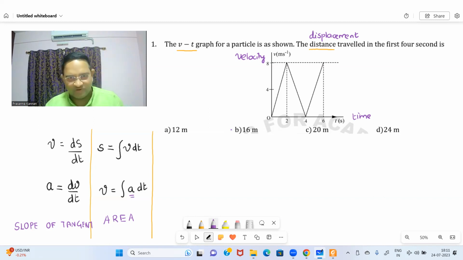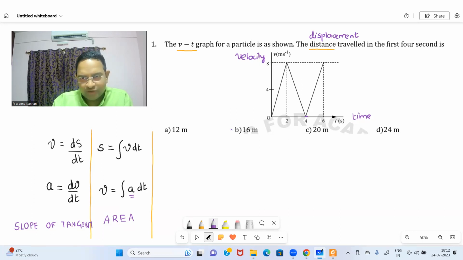The velocity is in the opposite direction. In that case, distance and displacement will be different from each other because the body has changed direction. Here it's very clear that the body's velocity has become 0 at some point, but it never changed direction, because the velocity does not go below the time axis. Excellent answer.